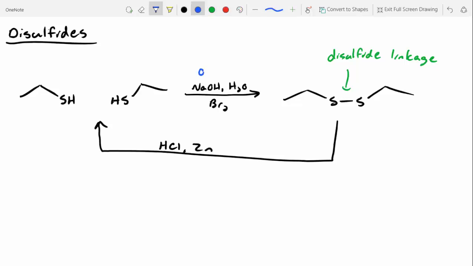So this top one is an oxidation. This bottom one is a reduction. We're not going to delve too far into this chemistry, but I did want to show it for those of you that are going into biochemistry.